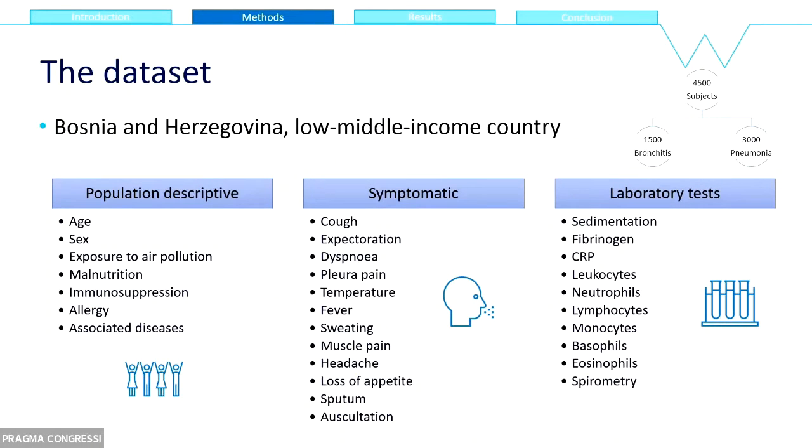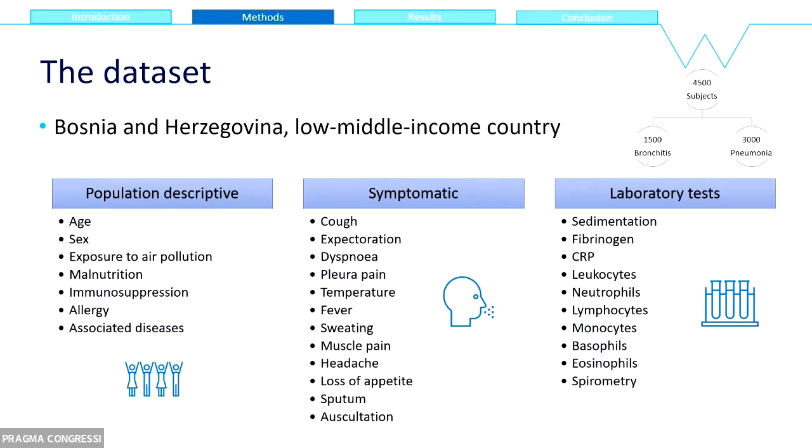And so the data set, once we'd done this initial research, came from a low to middle income country, Bosnia and Herzegovina, collected by colleagues of ours. And it contained information on population descriptive variables, symptomatic features, so for example, cough or temperature, and laboratory test results.